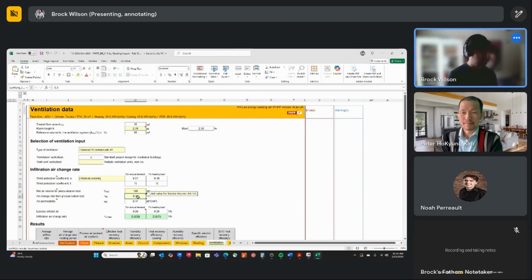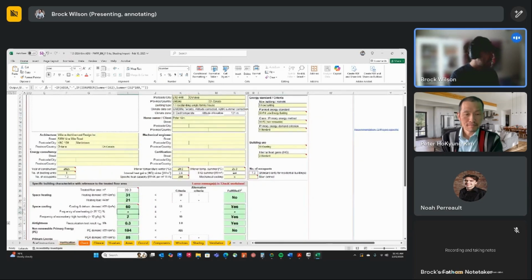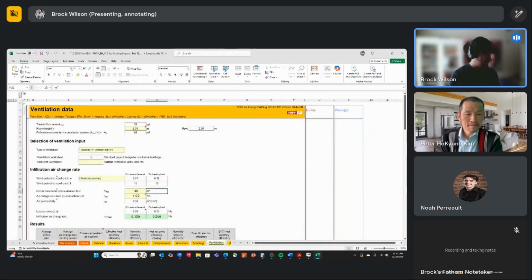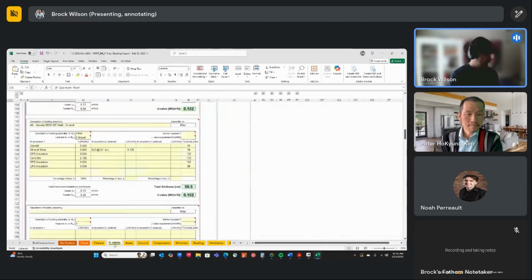We only need to hit 0.1 for the low energy certification, but you can see if we hit 0.1 how that would affect our heating demand and heating load. So we're still hitting the air tightness pressurization test, but we're not hitting the heating demand. We have to figure out ways to really optimize that. If we use 0.3, that should be fine.